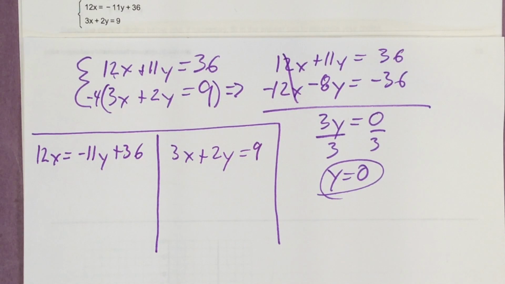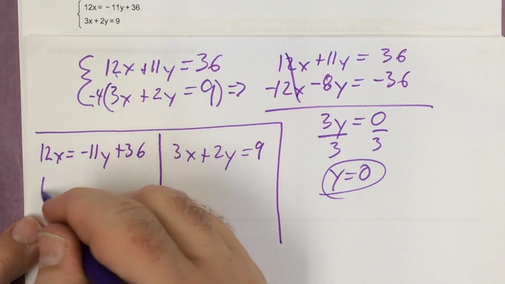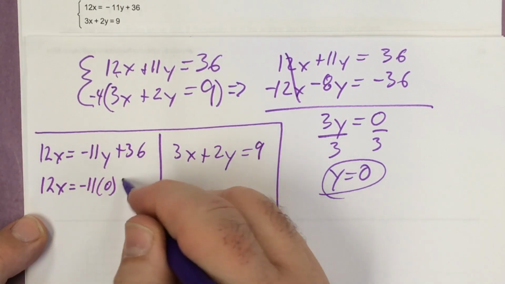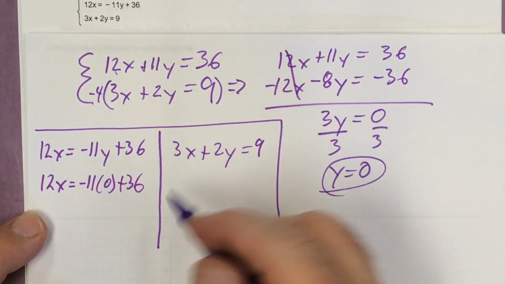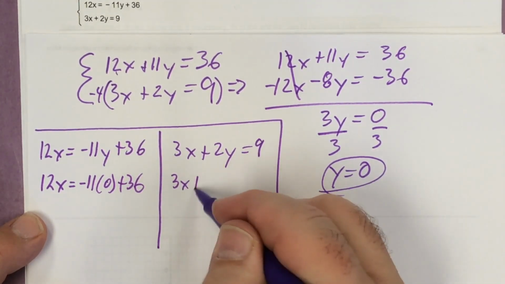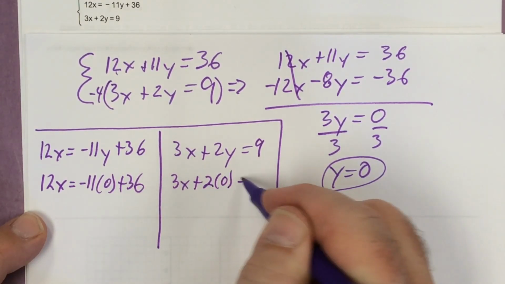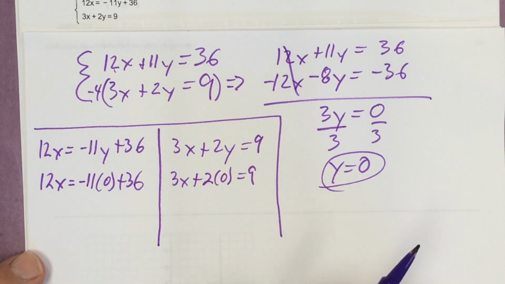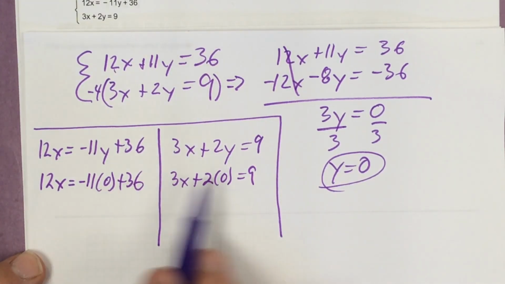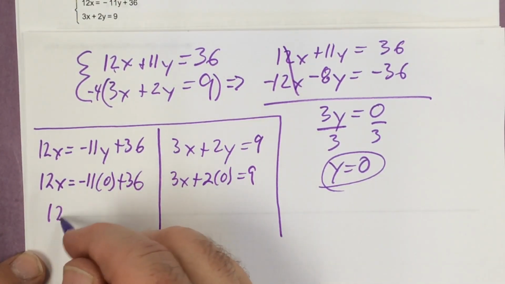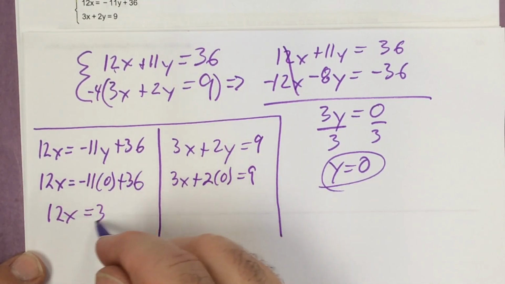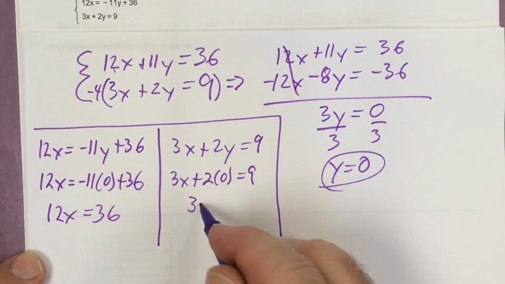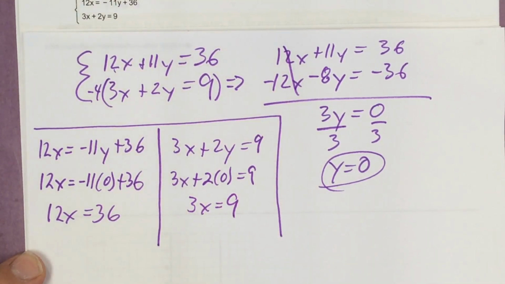I'm going to take the value y equals 0 and put it in. So I have 12x equals negative 11 times 0 plus 36, and here 3x plus 2 times 0 equals 9. Anything times 0 is 0, so that's going to give me 12x equals 36. Here we'll have 3x is equal to 9.